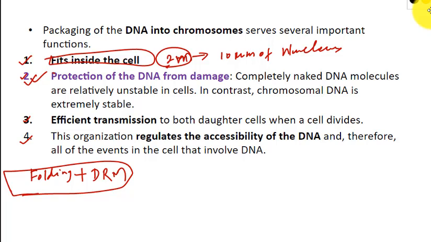Now let's see why DNA is not a very stable molecule. If you read here, completely naked DNA molecules are relatively unstable in cell. And this is the reason, during DNA replication, when DNA completely unfolds, at that time there is high chance that DNA will break into 2.